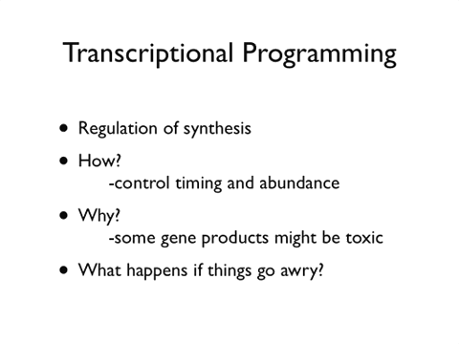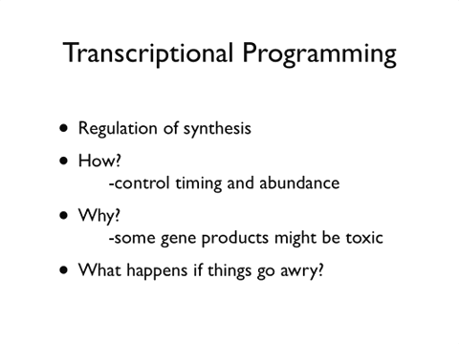What we're going to talk about in terms of transcriptional programming is mainly regulation of synthesis. How is it regulated? In most viruses, there is a control that regulates timing, when specific messengers are made, and abundance, how much is made. This is fairly well understood when messages are made.